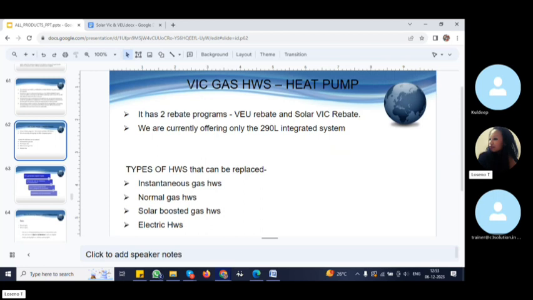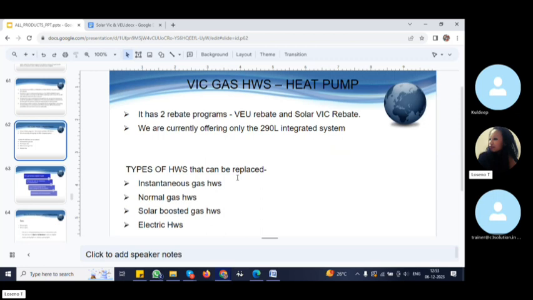Now, talking about the rebate, because this is not a free upgrade, the customer cannot get the replacement done without any charges. They have to pay something because it's a rebate program. So this is a government initiative program.